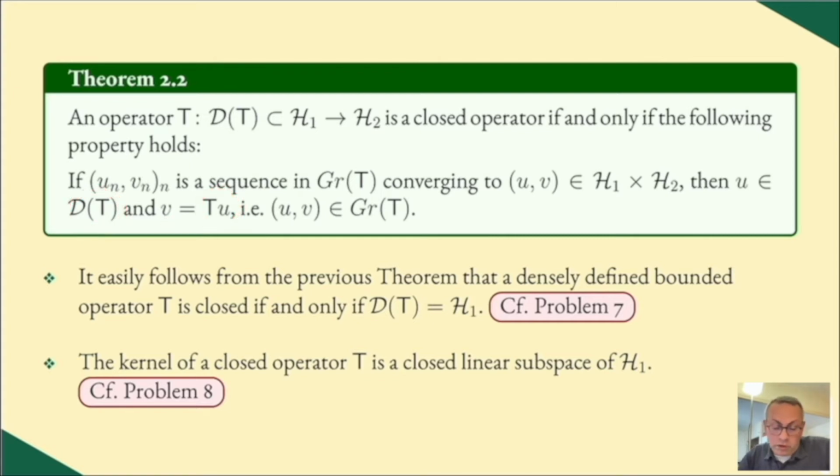That's it. Or another way to say it is that the limit pair should be in the graph. So this is just the sequential characterization of a closed set.